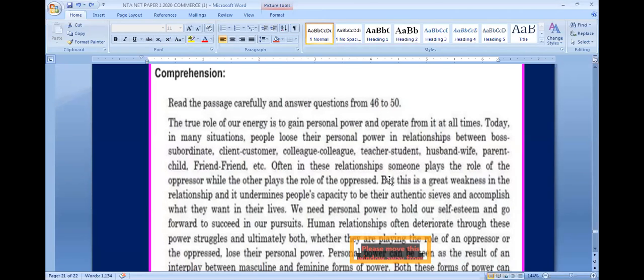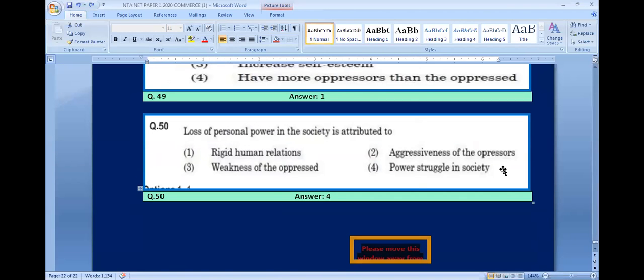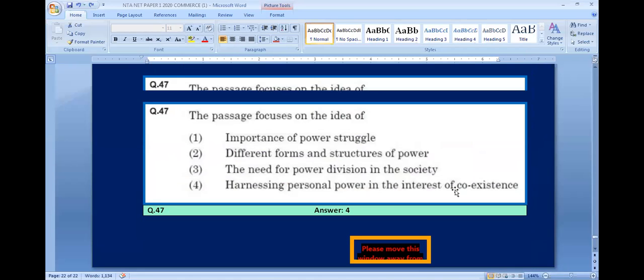So someone is dominating, someone is getting dominated, correct? But this is a great weakness in the relationship. It undermines people's capacity to be their authentic selves and accomplish what they want in their life. So what is the answer? It is power struggle in the society. Who is in power? Who is not in power?